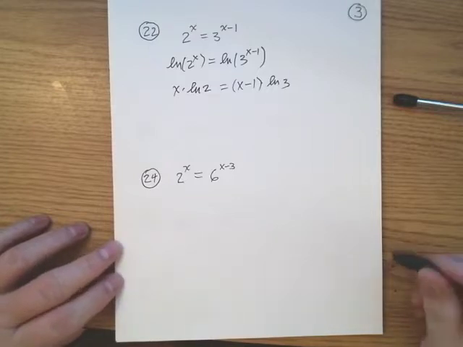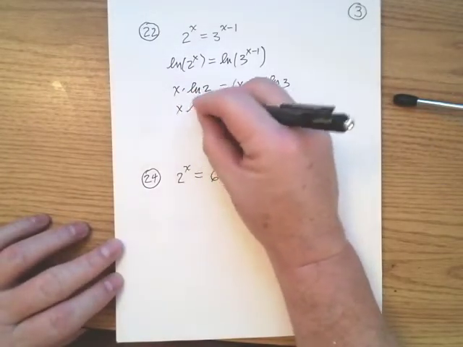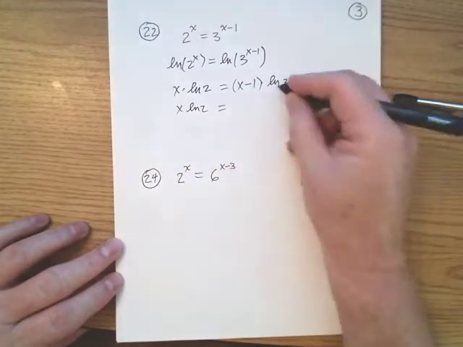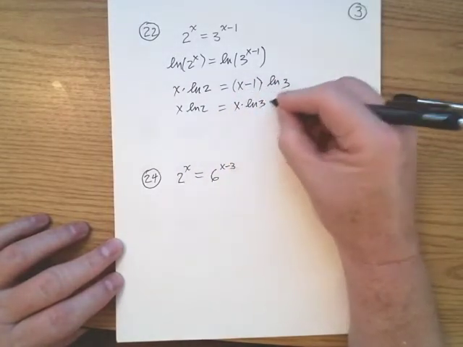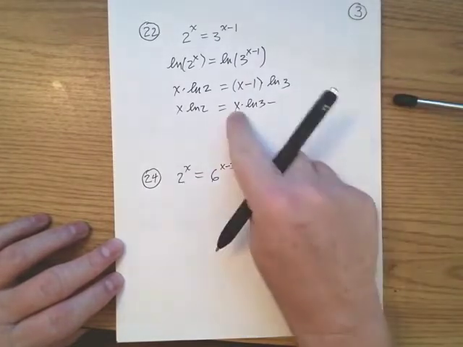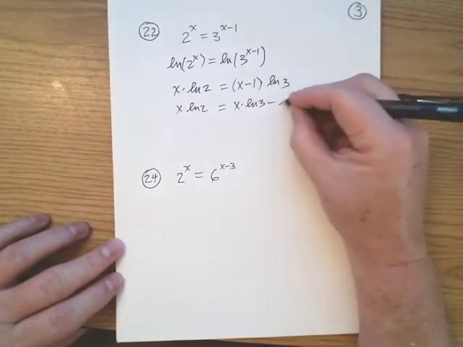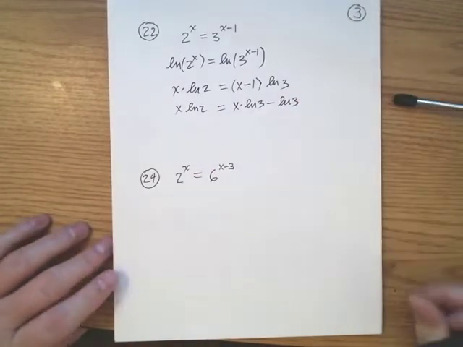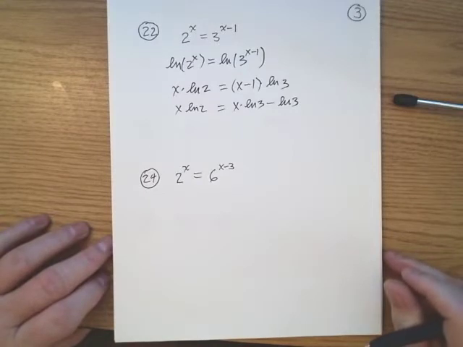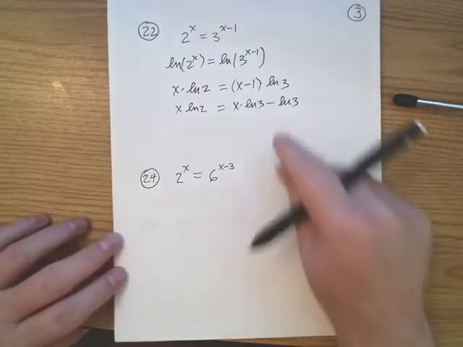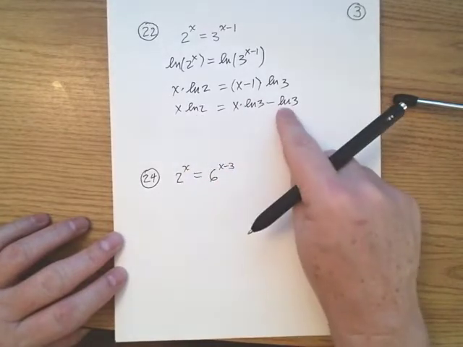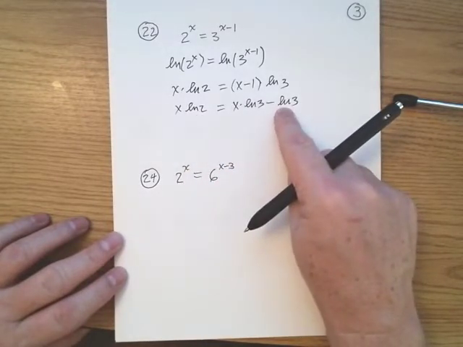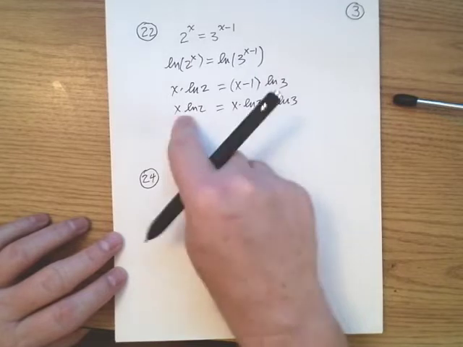Okay, I'm going to do something else. I don't want to go through all that. I'm going to remember that the natural logarithm of 3 is just a number. I'm going to use the distributive property. Natural logarithm of 3 times x, natural logarithm of 3 times 1. Okay? Now, the natural logarithm of 3 is greater than the natural logarithm of 2, so I think this might be a good thing to do. I'm going to move this guy over to the other side.